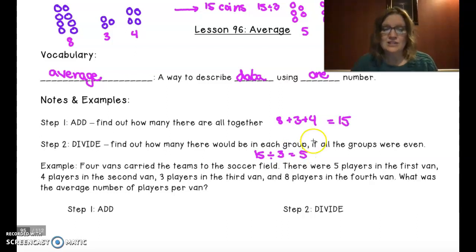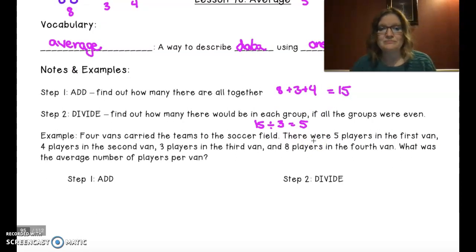So let's do this next example. 4 vans carried the teams to the soccer field. There were 5 players in the first van, 4 players in the second van, 3 players in the third van, and 8 players in the fourth van. What was the average number of players per van?